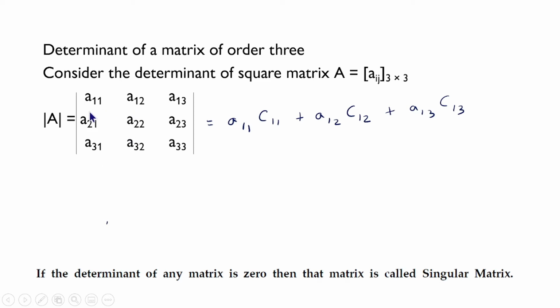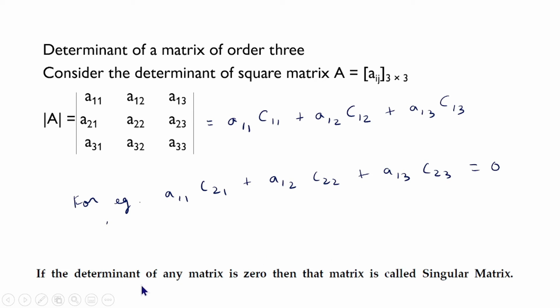If we multiply the elements of any row with the corresponding cofactors of elements of any other row and then add, we will get the value as 0. Say for example, A11 C21 plus A12 C22 plus A13 C23 is equal to 0.